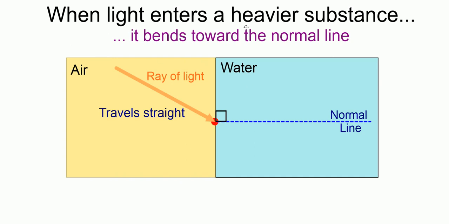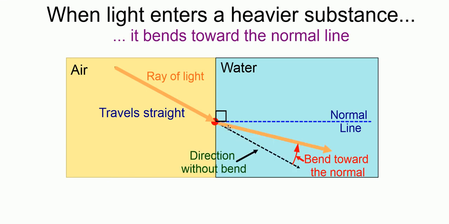Now this says, when light enters a heavier substance and it is entering heavier water, it bends toward the normal line. Watch, toward the normal line. So normal line is here, isn't it? Didn't it bend this way? See how it came toward that normal line? When you go into a heavier substance like water, the light ray bends toward that normal line.